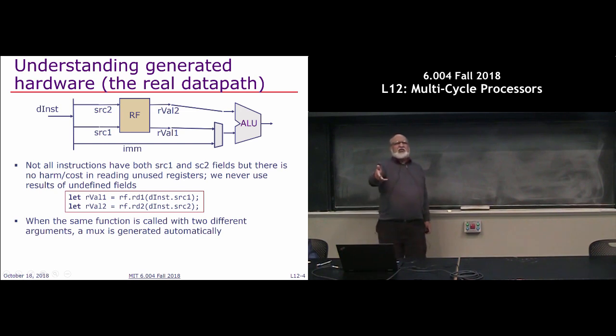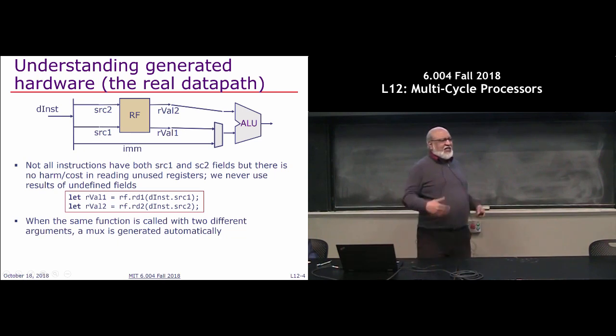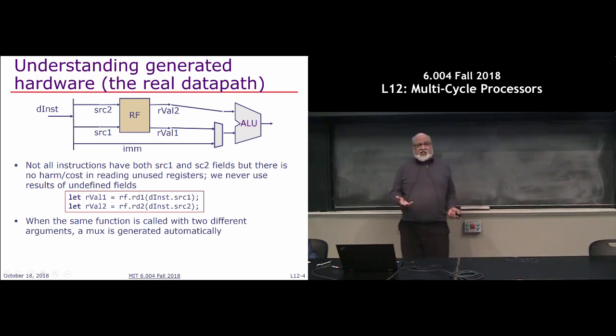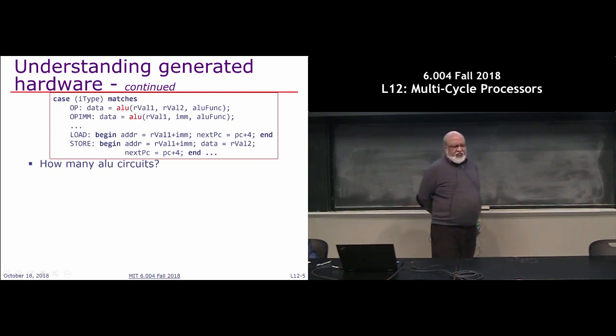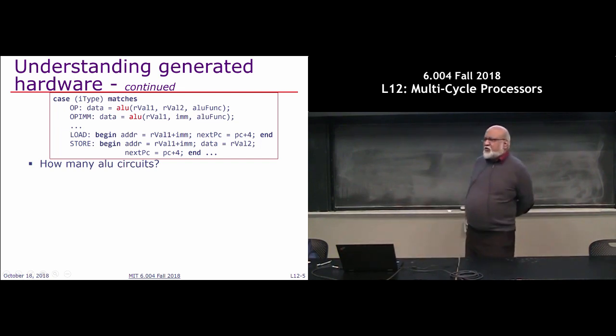I'm not showing you this kind of detail in the diagram on the previous slide because it would be too tedious to draw all this stuff. So we just say it can be done, and you really never look at these pictures once the system gets complex enough. Let me point out one more thing.